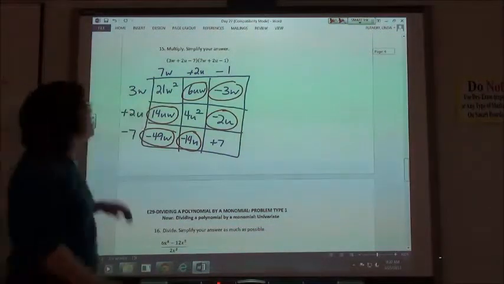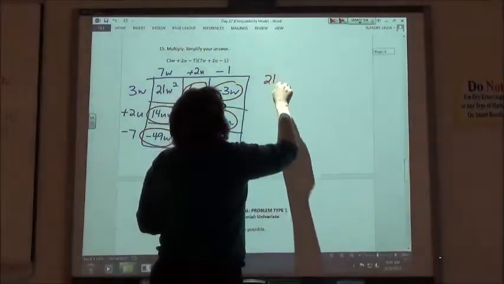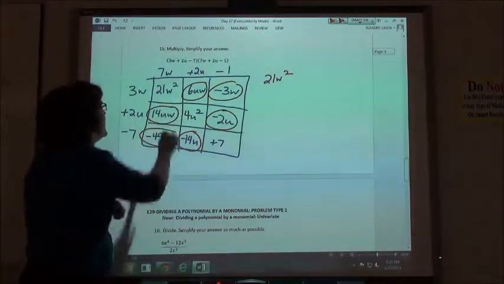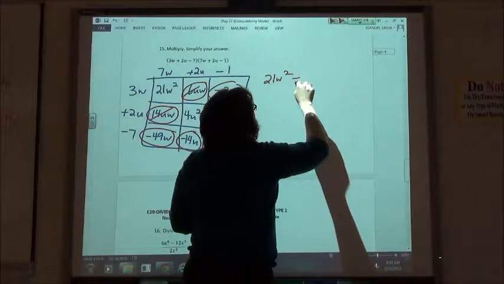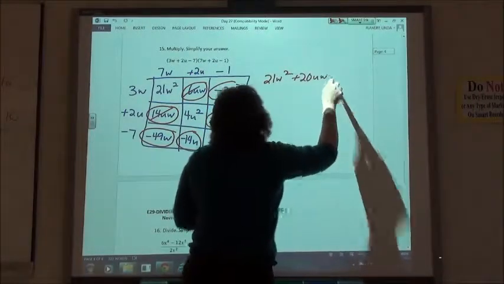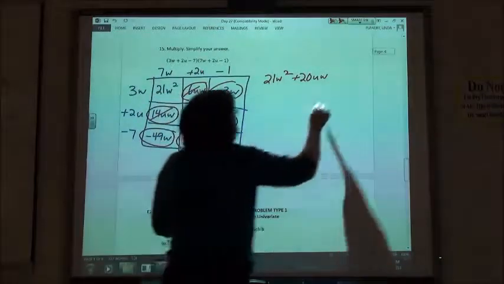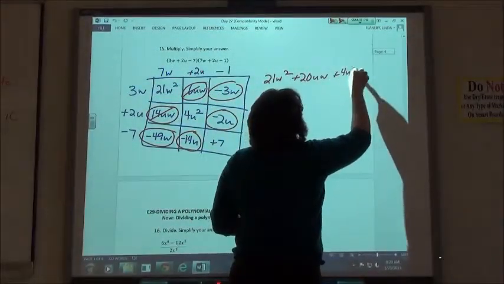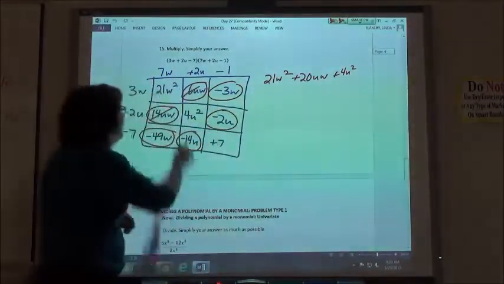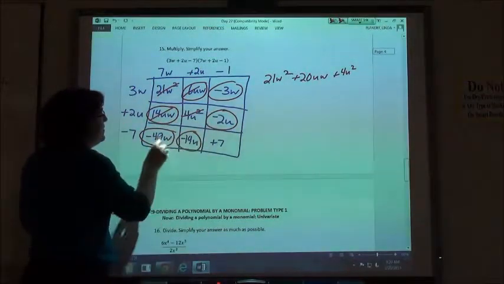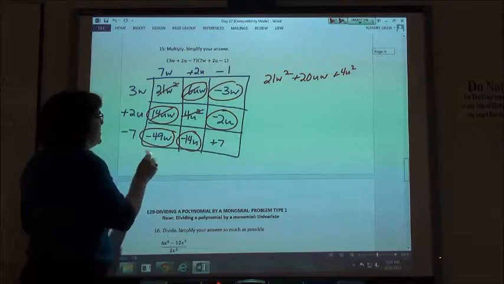So I have 21w squared. If I do these two together, 14 plus 6 would give me 20uw. I suppose I could do my positive 4u squared. Well, it doesn't matter which ones I do.